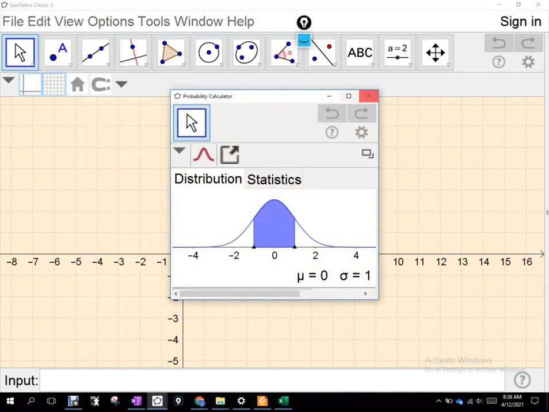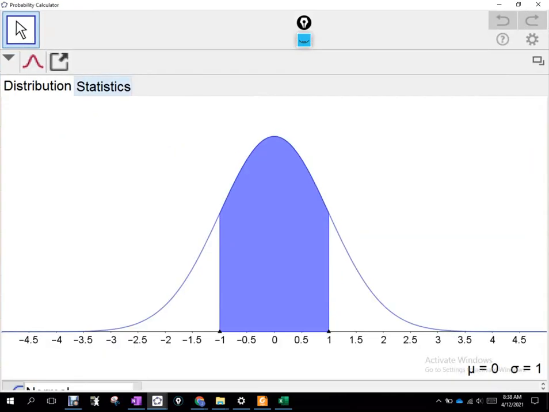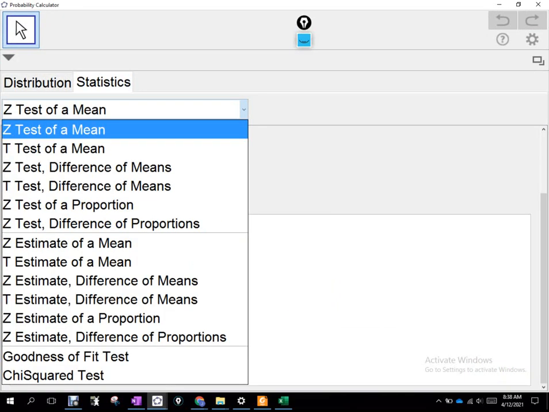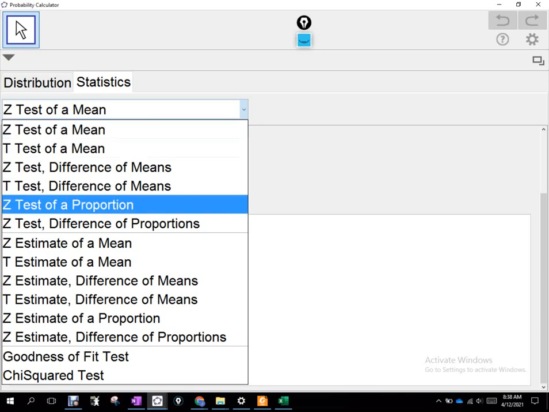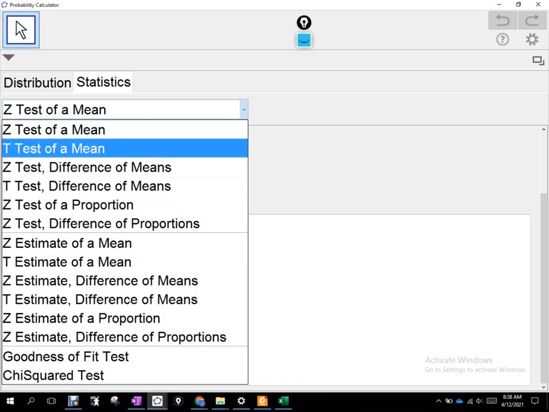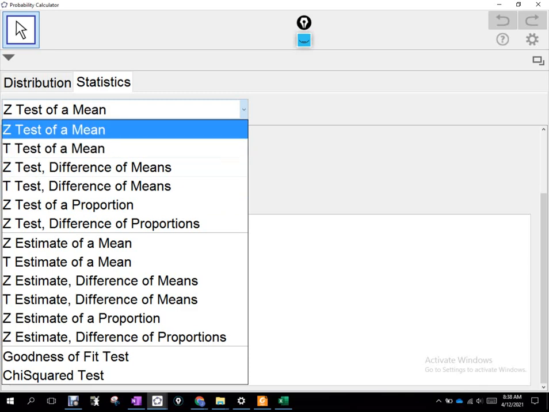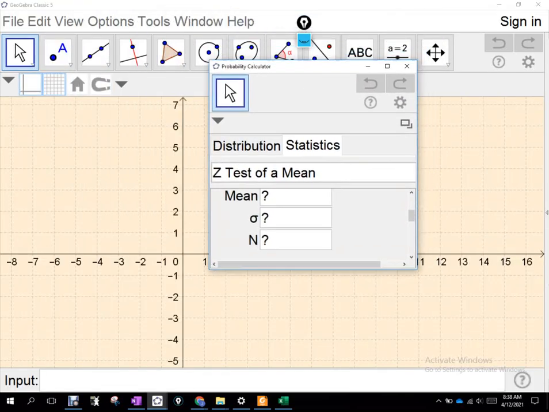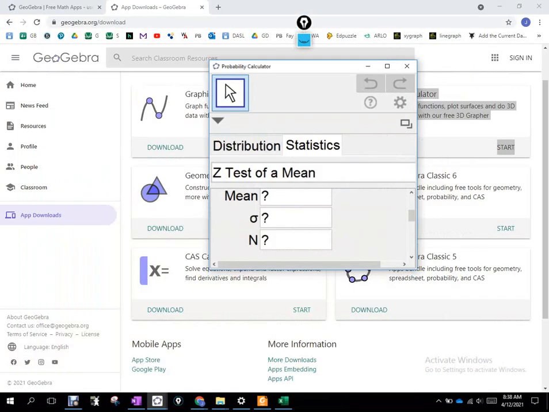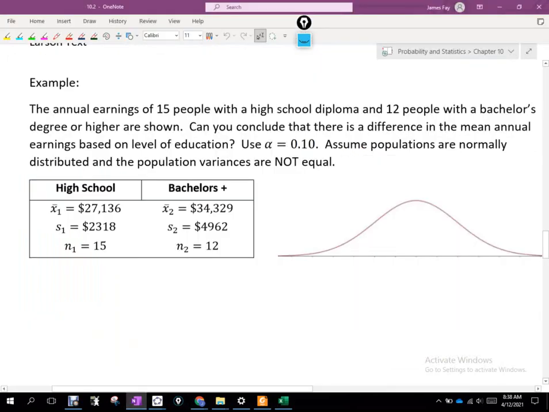So what's nice about this is that when I click on statistics in the probability calculator, we have a drop down of all the different hypothesis testing that we've gone through so far, and some of the hypothesis testing that we will go through. So the first one we're talking about here with this example is the difference in means.